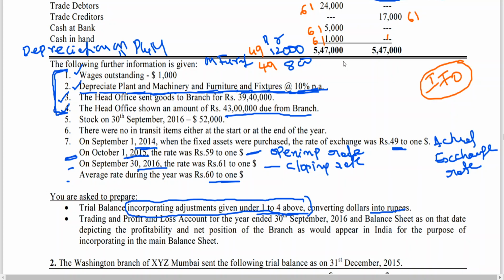But in case of integral, it is taken to the profit and loss account after normally preparing the trading account and P&L account. If it is a gain, you will credit it to the P&L account. This is the one point you should remember. Also I told you, unless otherwise stated, it is reasonable to assume the branch is an integral foreign operation of the head office. So these two things, I think, are clear.